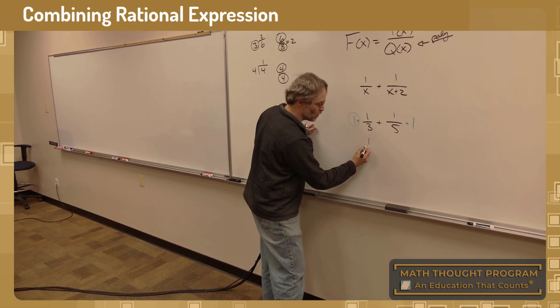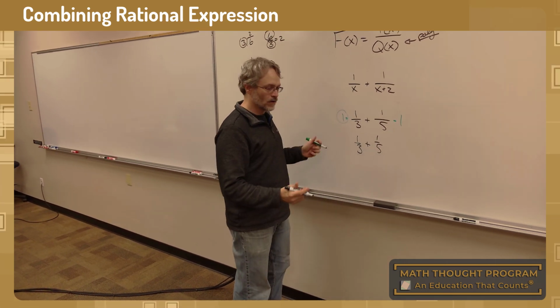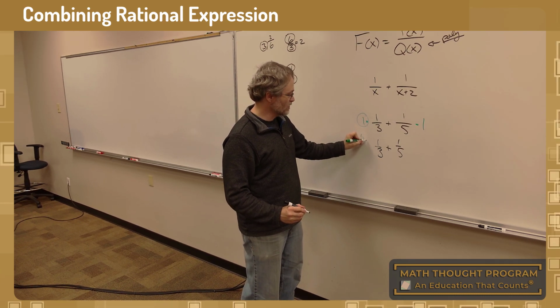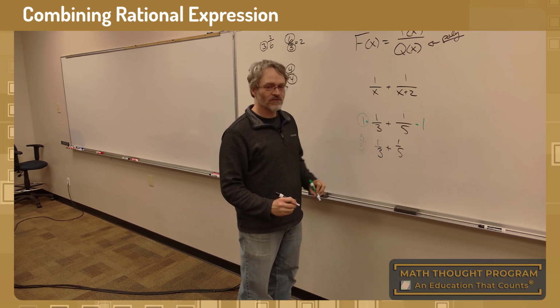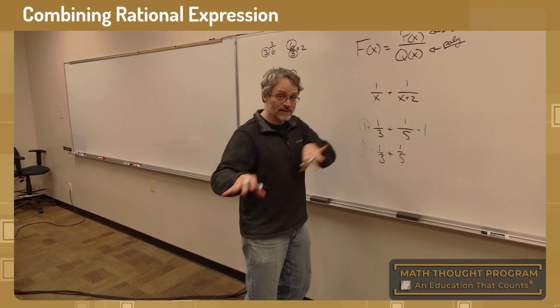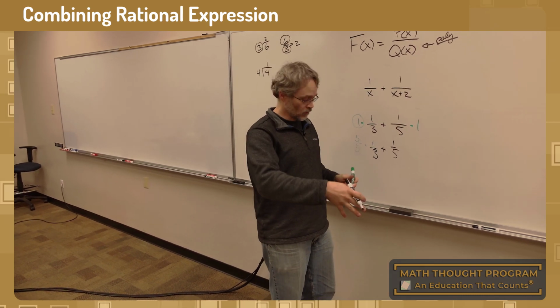See, I can take that 1, and 1 can be expressed in lots and lots of different forms. One such form is I can say 5 over 5. And likewise over here, I can take the 1 and express it as 3 over 3.